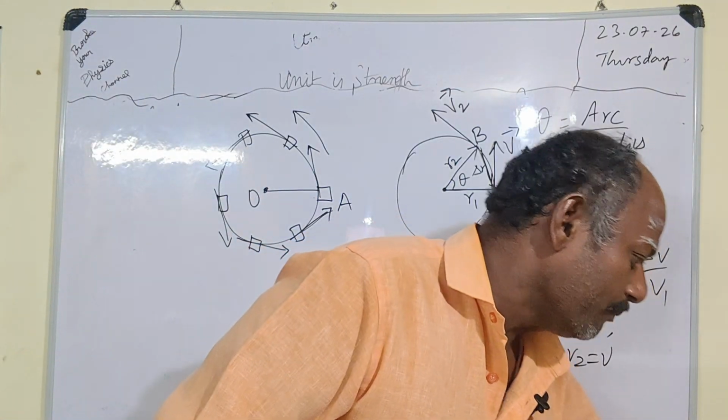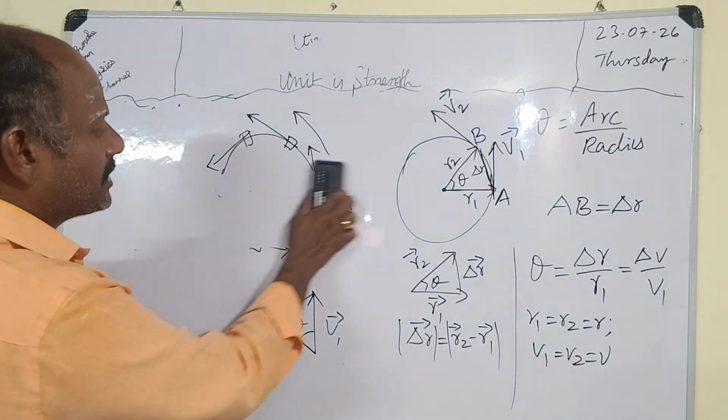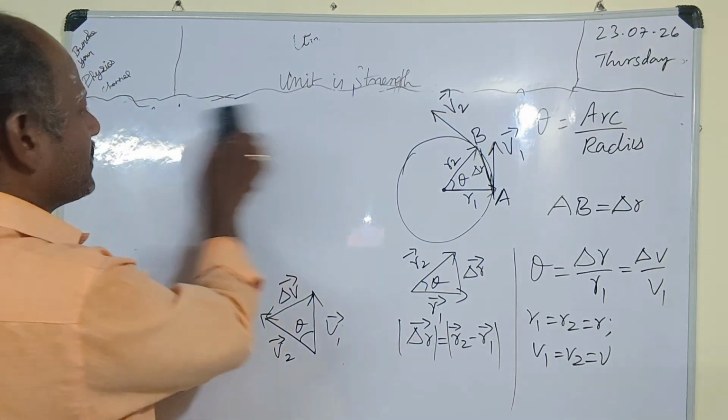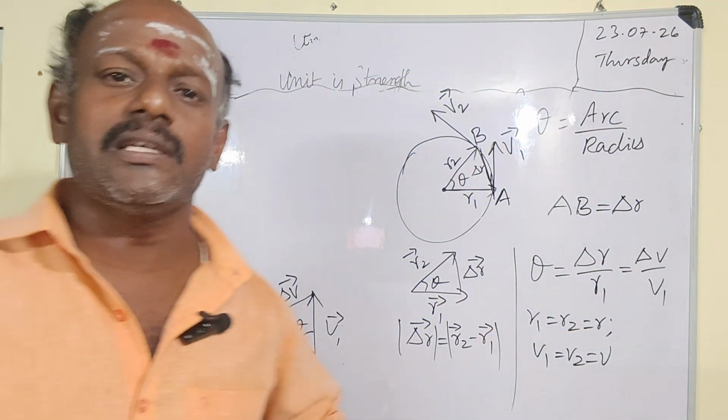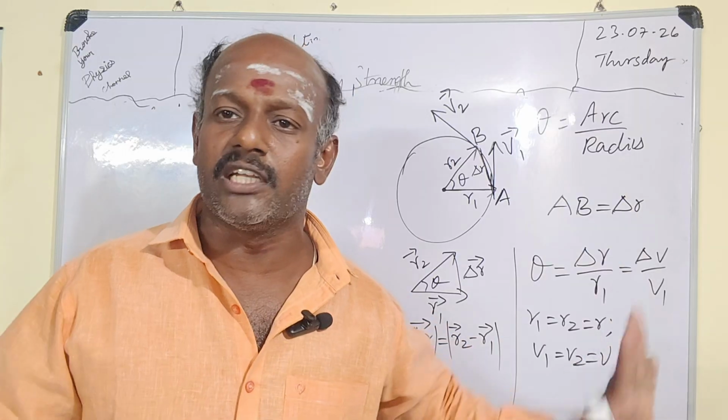Now, what is our aim? To measure the centripetal acceleration. I know that acceleration is nothing but change in velocity by time.